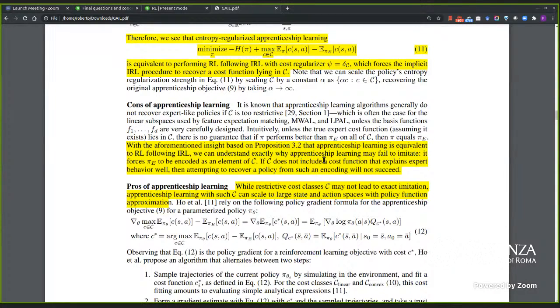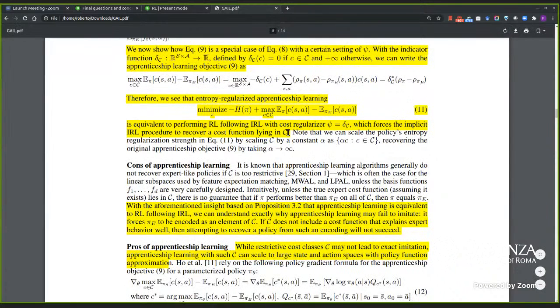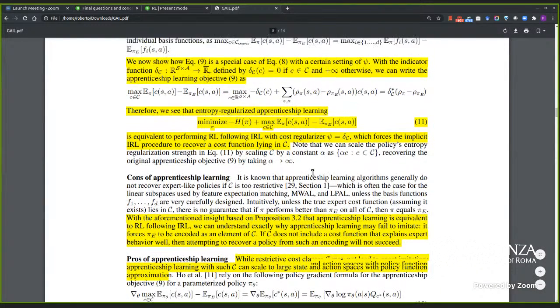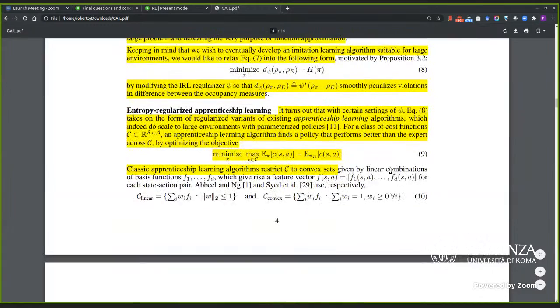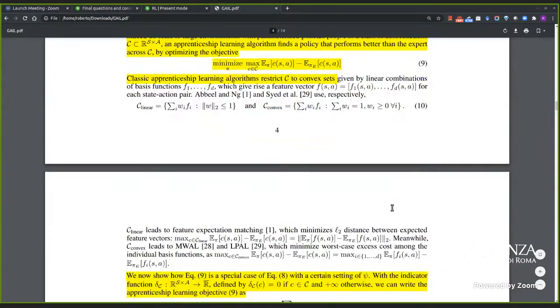So as you see in this optimization, by using this indicator function, they are forcing the cost function to belong to the category of cost functions that they like, that is convex, and it can be of different kinds, as they explain over here.